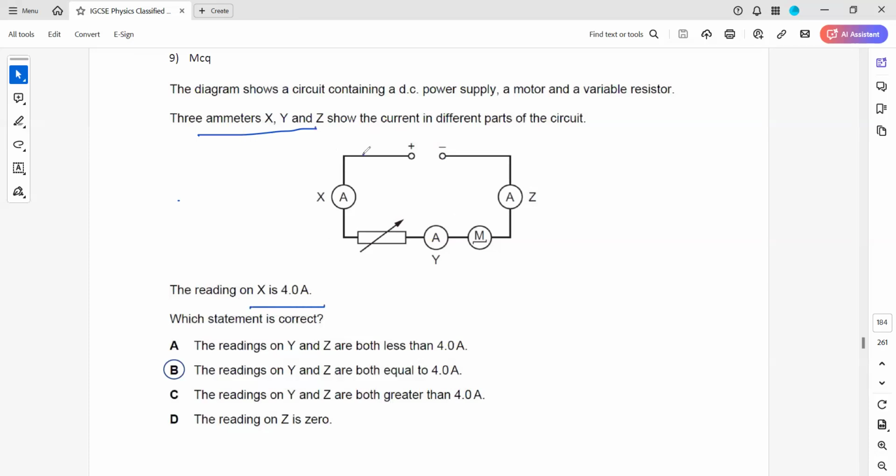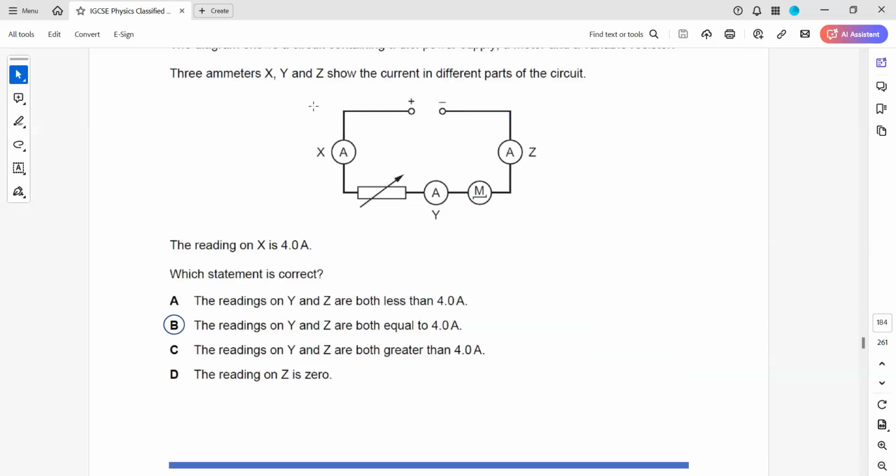So if 4 ampere is passing through X, the same 4 ampere will pass through the variable resistor, through ammeter Y, through the electric motor, and through ammeter Z and return back. So the readings on X and Y will both be 4 amp because they're connected in series. In series, the current is the same. In parallel, the current divides.